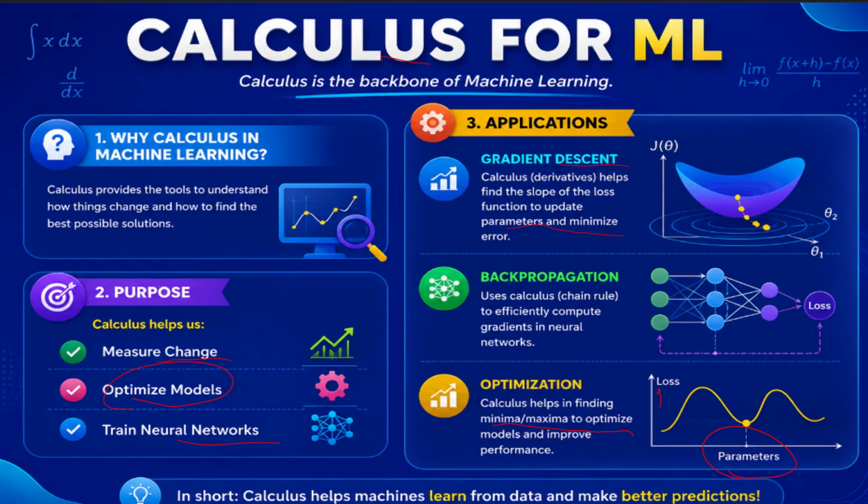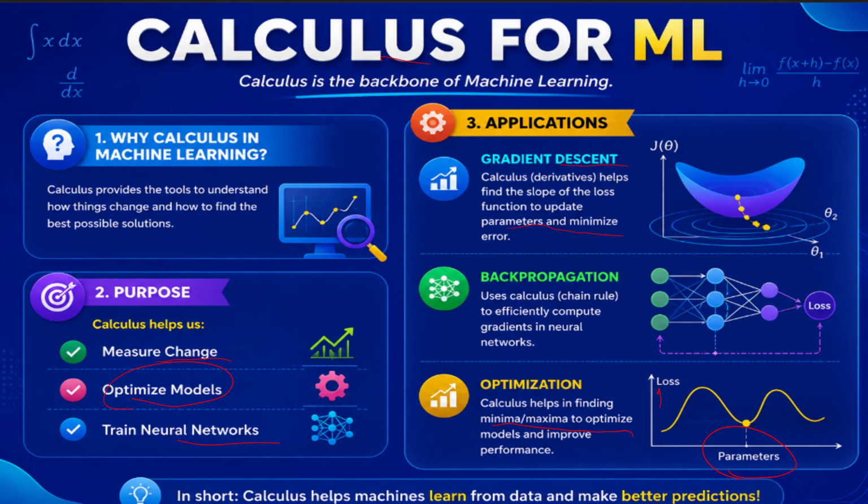And what is the role of calculus in machine learning? Calculus provides ways to find the best possible solutions. It is used to measure change, optimize the models, and train the neural networks. With gradients, we have various gradient descents, which help to find the slope of the loss function to update parameters and minimize the error.